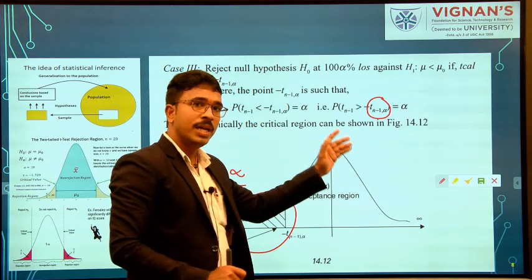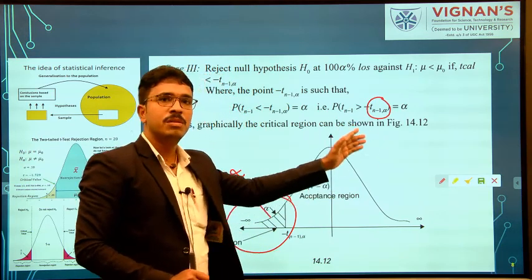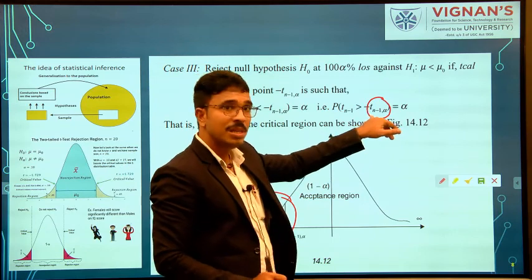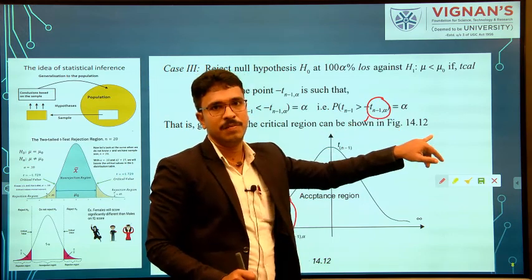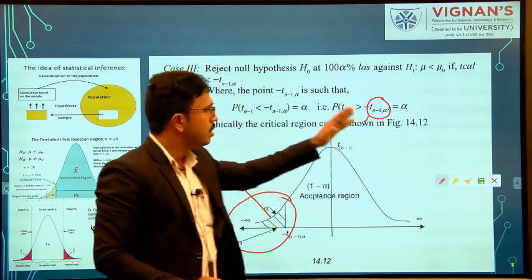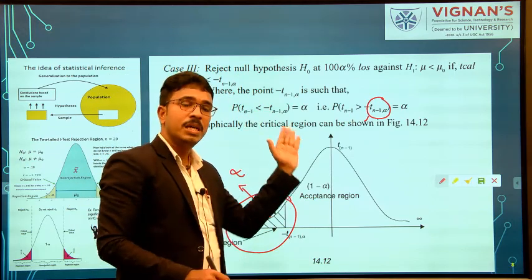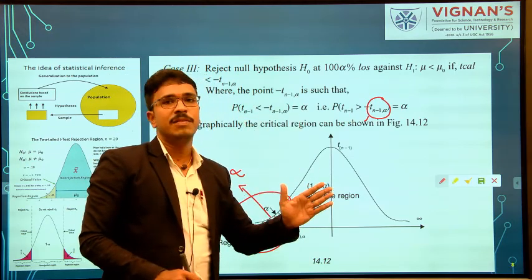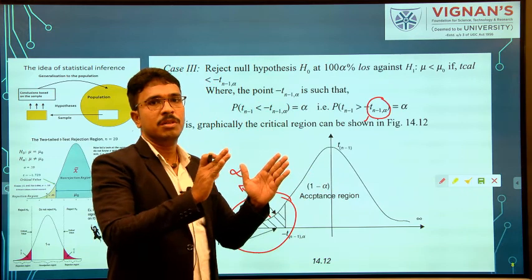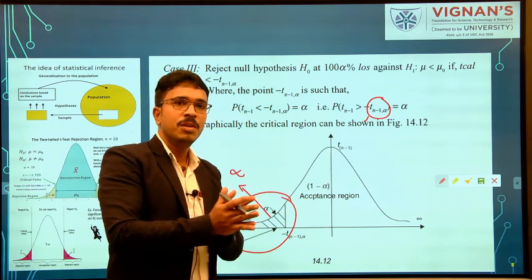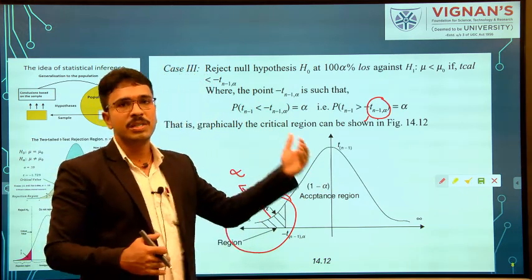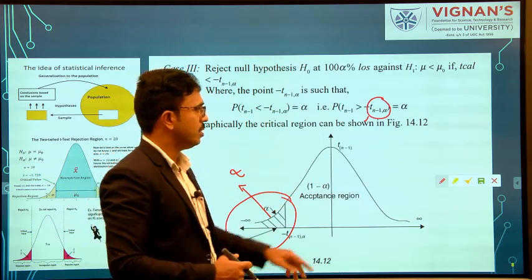So you have to look at these table values based on the degrees of freedom and level of significance. Afterwards, you compare the t calculated value versus the t table value. Based on this comparison, we are going to accept or reject our null hypothesis.